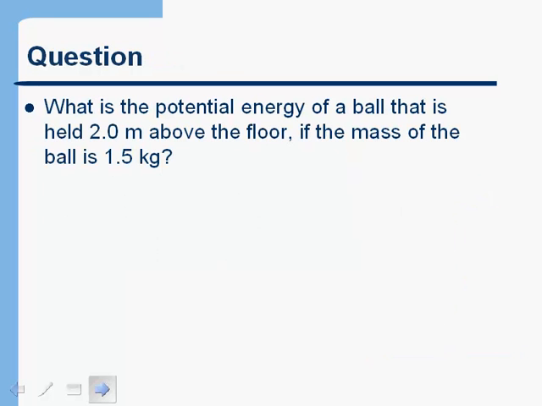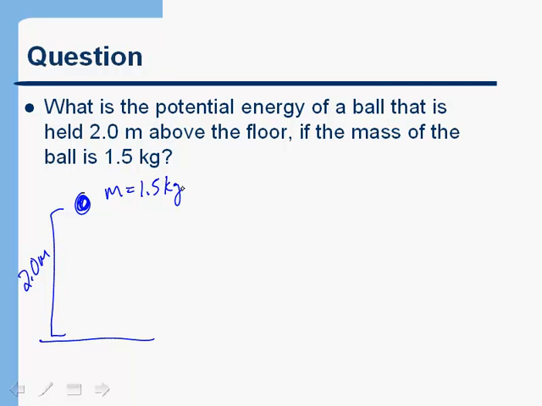So let's do a problem. What is the potential energy of a ball that's held 2 meters above the ground that has a mass of 1.5 kilograms? Well, to calculate that, I just use the formula. Potential energy is m times g times h.